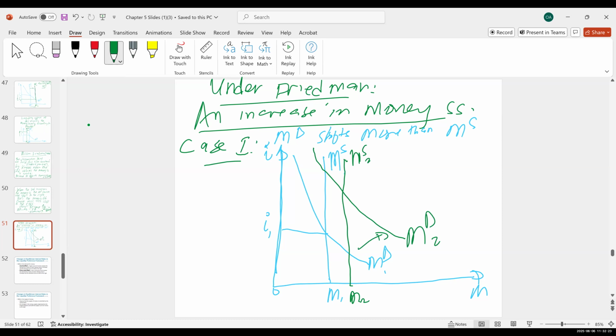So the new equilibrium is where the two green lines intersect, which is this point. So that should lead to an increase in interest rate, which is what we normally see in the data. When the Fed is printing money, it typically leads to higher interest rates.